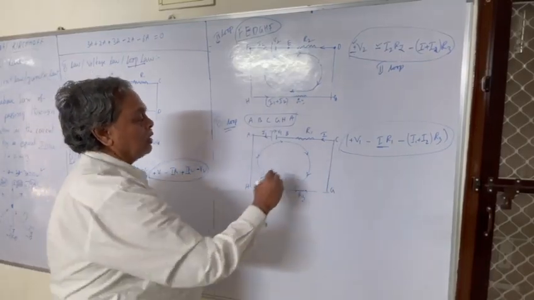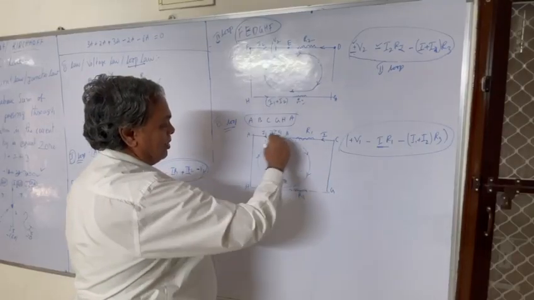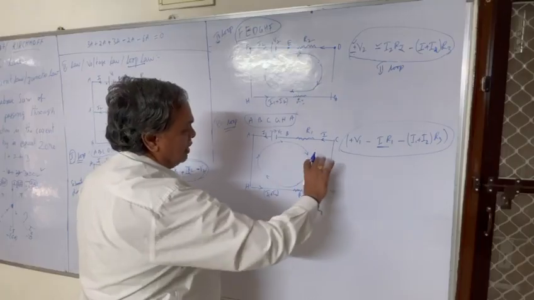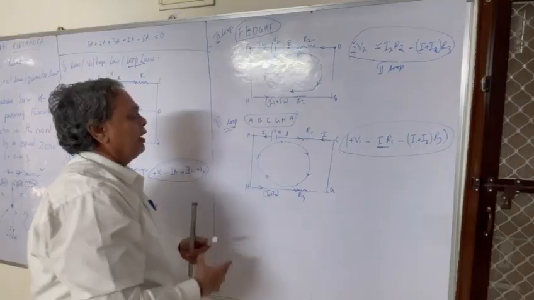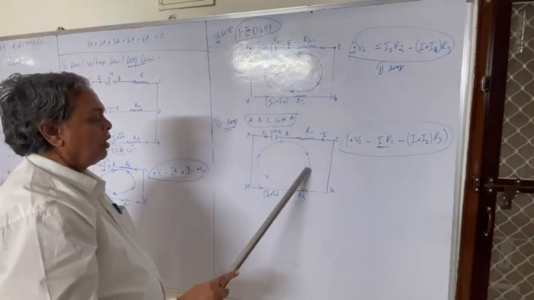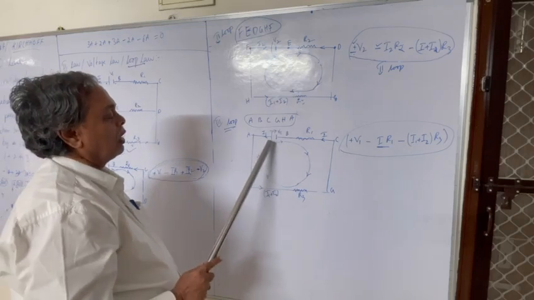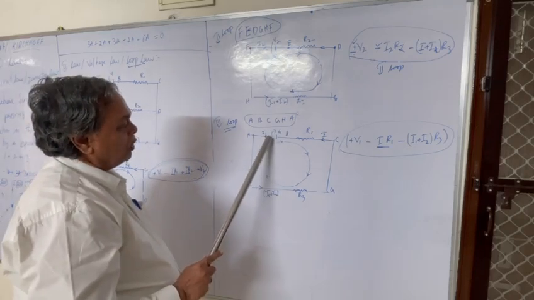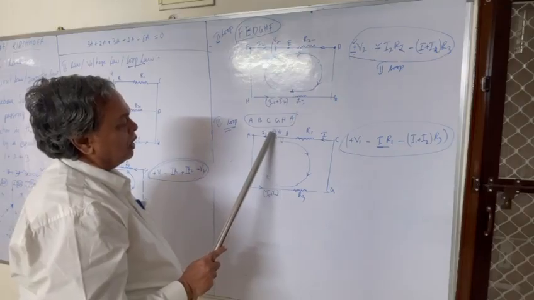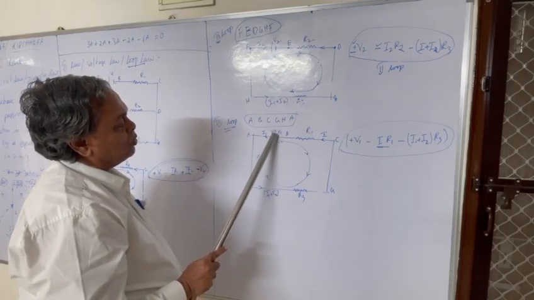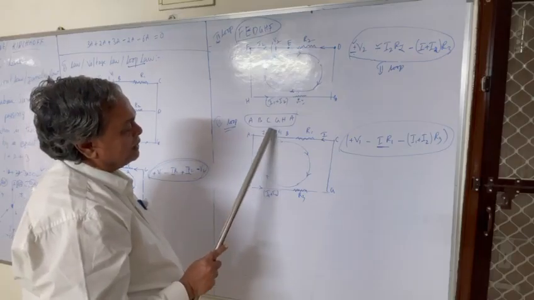Later I have drawn a small clockwise loop inside the schematic diagram. Here, if you observe, the current in this battery goes from the positive terminal to the negative terminal. That's why I have given a positive arrow, and the loop arrow mark is also on the same side.